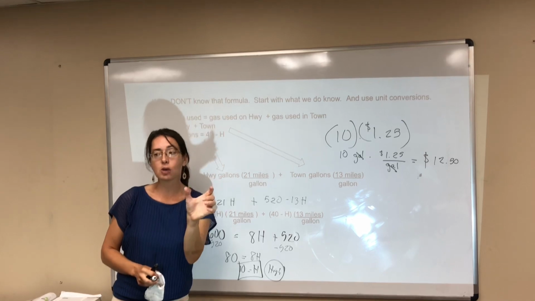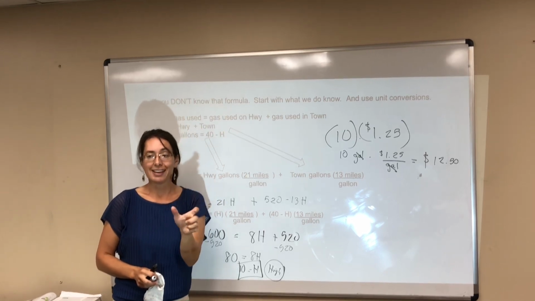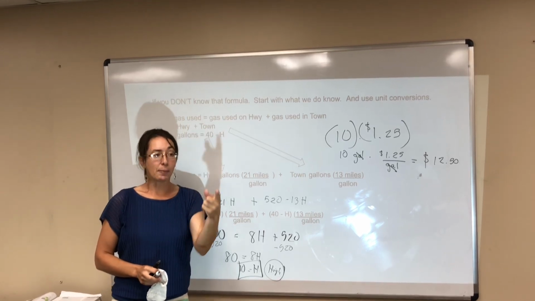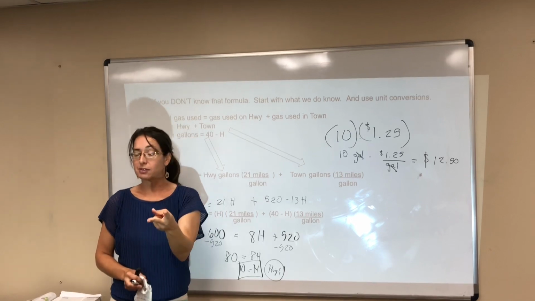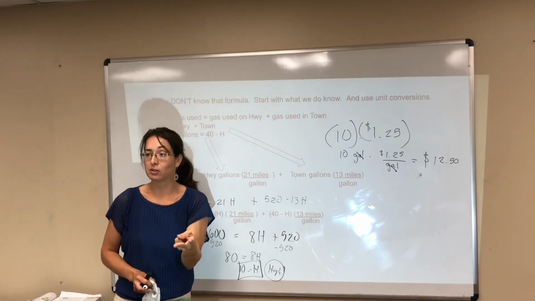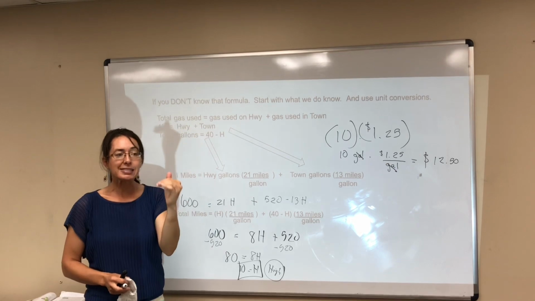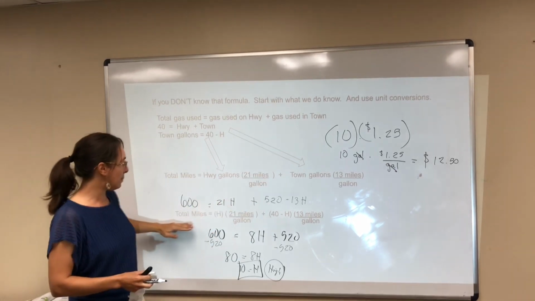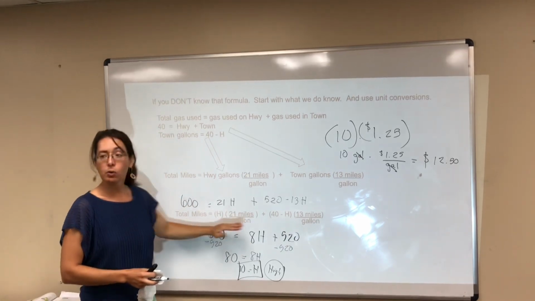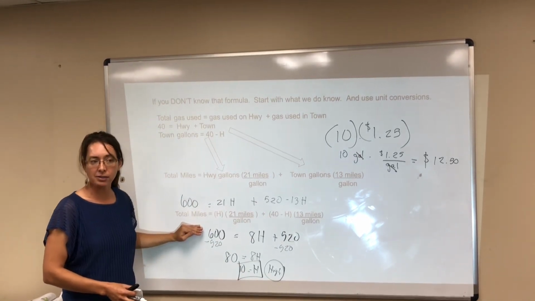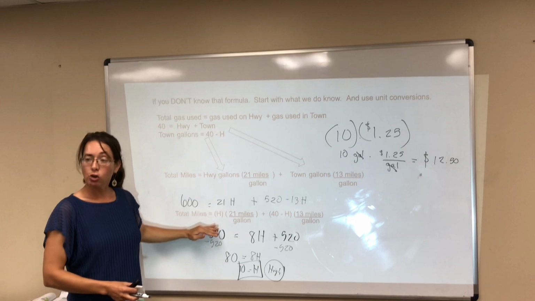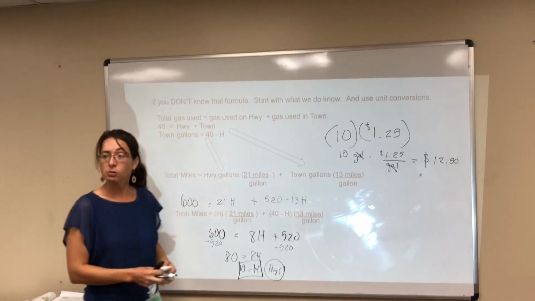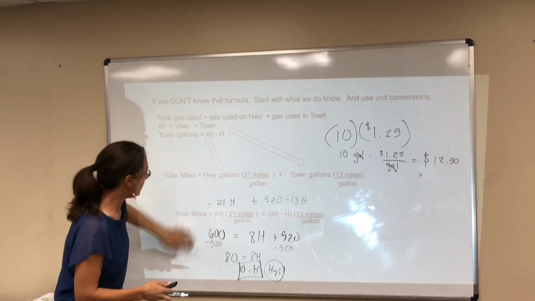What do I actually know about out of town? Well, out of town is how many miles I drive times how much I get per mile, right? And in town. So when we can take each section, even though we didn't know how to make this equation right off the bat, we were able to create this equation by saying, what do I already know? And any questions on that one?